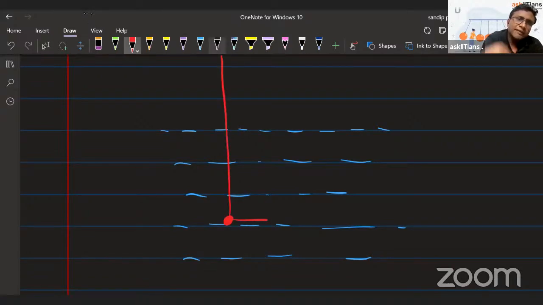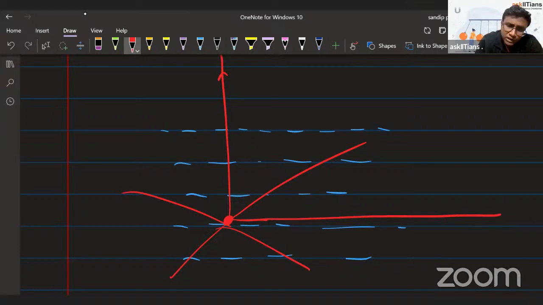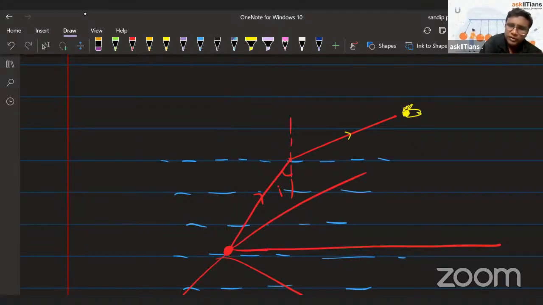The ray going straight will go as it is, horizontally. But suppose one ray is going making an incident angle I. After refraction, it will go here, and suppose the person is standing here, this is the eye I have shown. So this ray meets the eye of the person. I will remove all the other remaining rays; we don't need those.